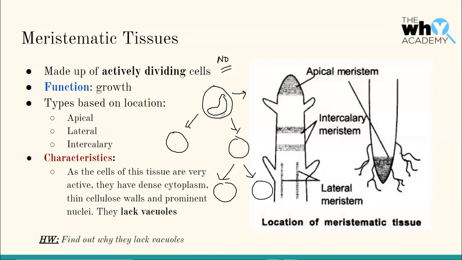the vacuole is like a secondary storage mechanism. It's not the only way it gets food or energy to divide. This is basically like a reserve. You can relate it to fat in humans, right? We have fat because fat is a reserve food.